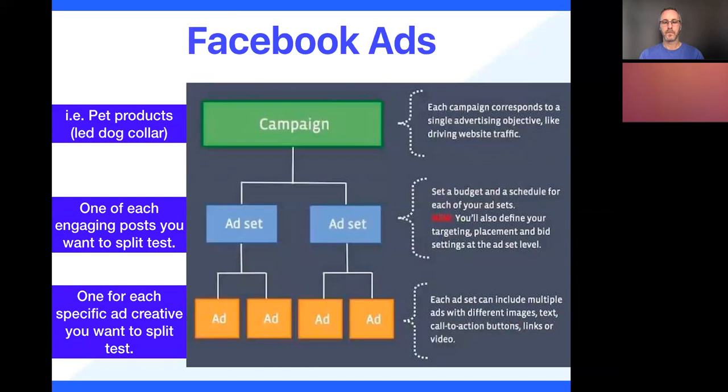And the last tier: the ad set can include multiple ads with images, text, links, videos, or even call to action buttons. So we can create one for each specific ad that you want to split test. Maybe you want to use a different image, or a different copywriting. This is where you will test out the Facebook ads.